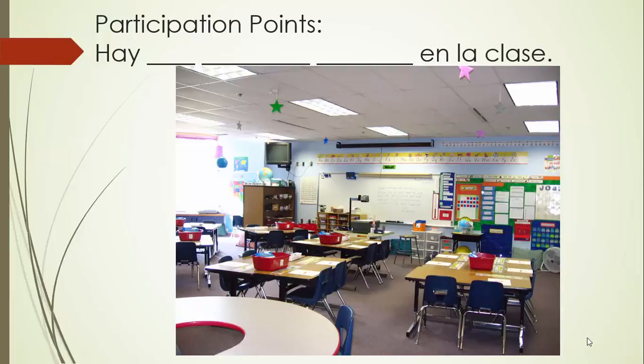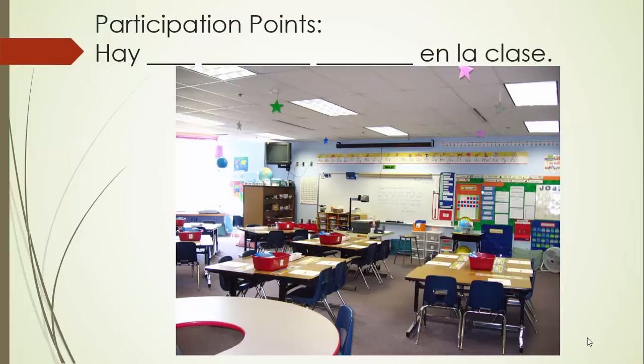I only see 14 chairs. So I might say something like, hay 14 sillas azules en la clase. There are 14 blue chairs. And notice, since sillas is plural, I had to say azules. If your adjective ends in a consonant and you need to make it plural, you add es.